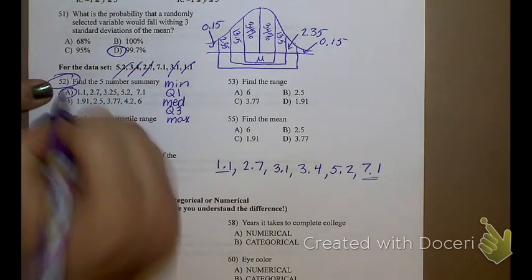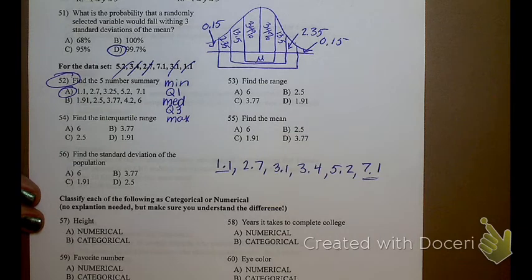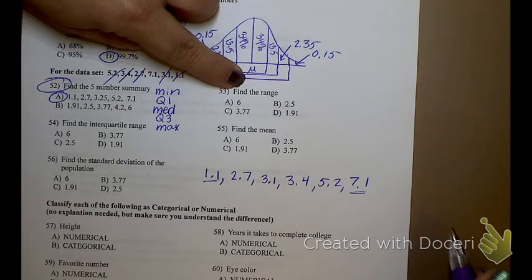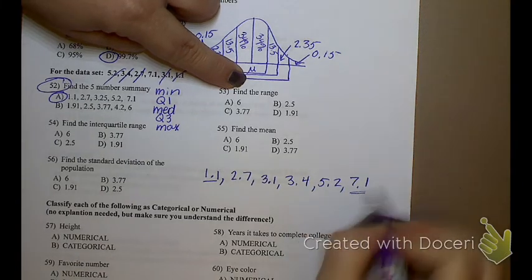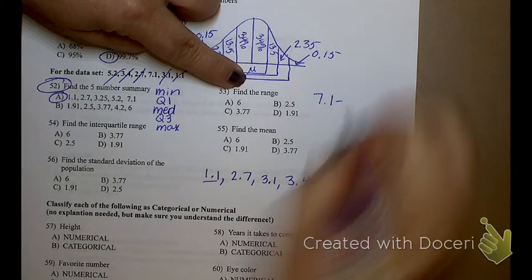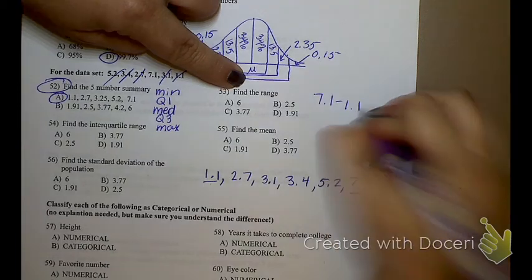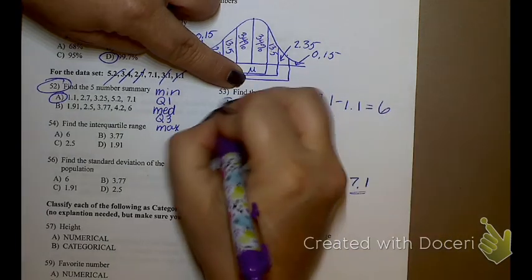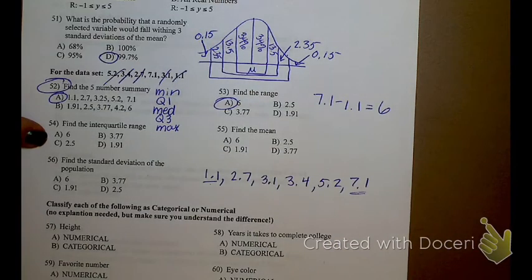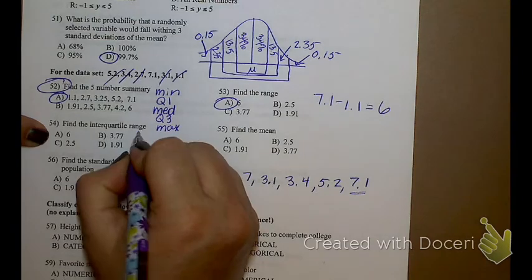Only option A has that, so that should be pretty easy. Find the range. How do I find the range? 7.1 minus 1.1. What does that equal? 6.